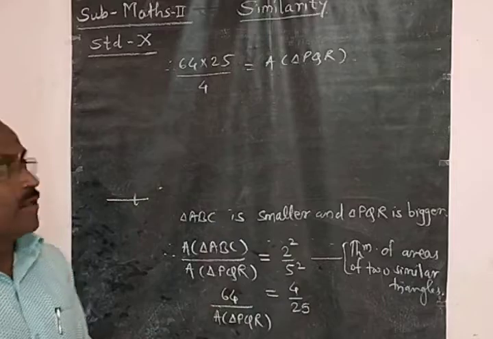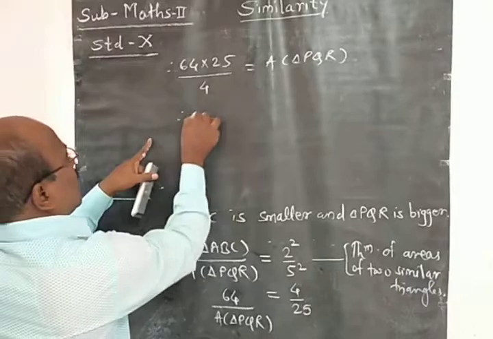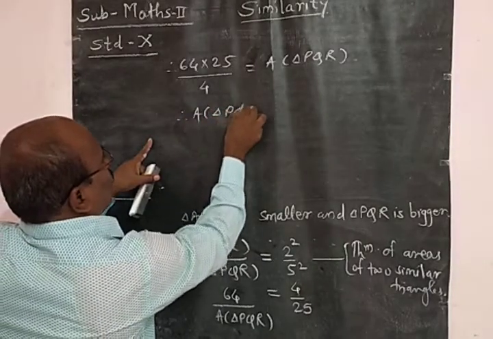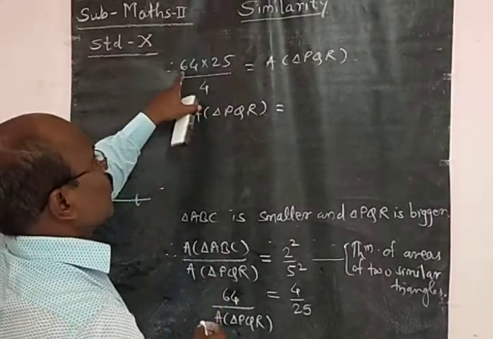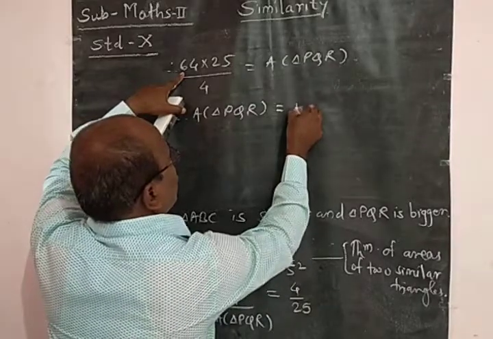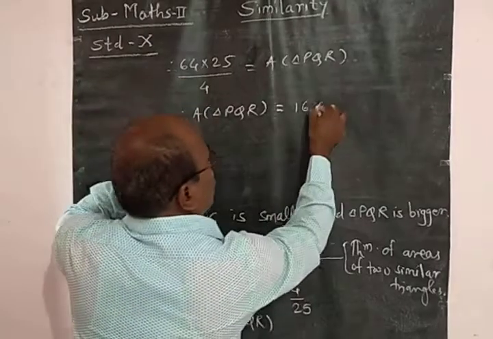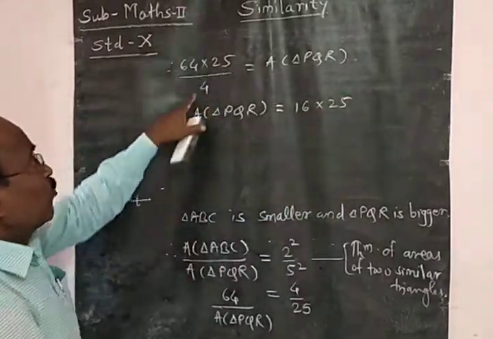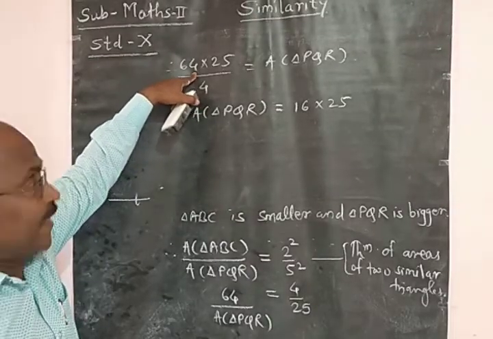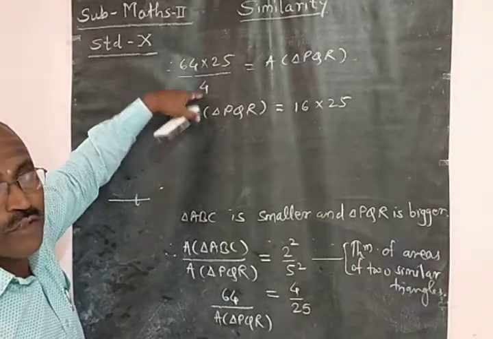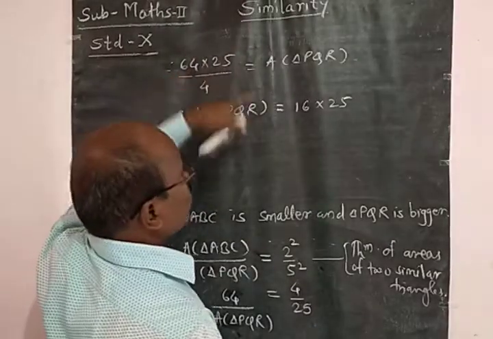Then divide 64 by 4, so we will get here area of triangle PQR is equal to 64 divided by 4: 4 ones are 4, 4 sixes are 24, so we get 16. 16 into 25.